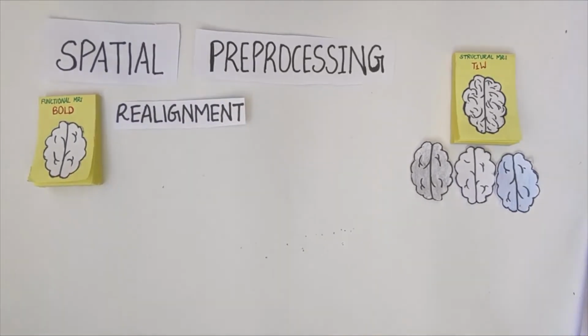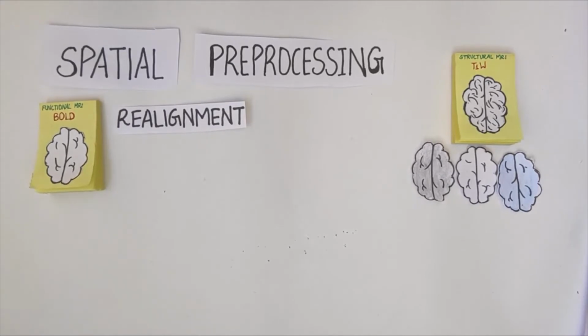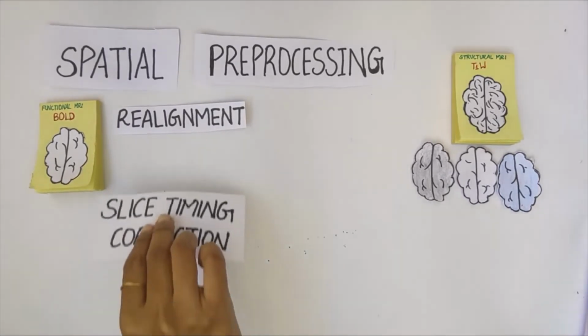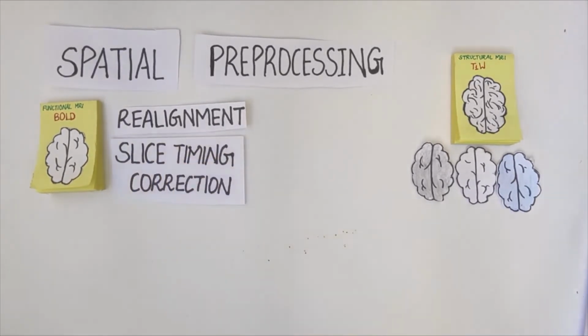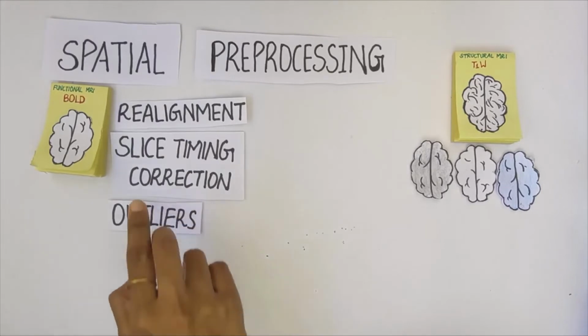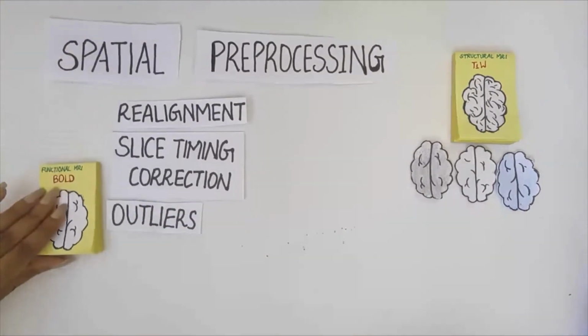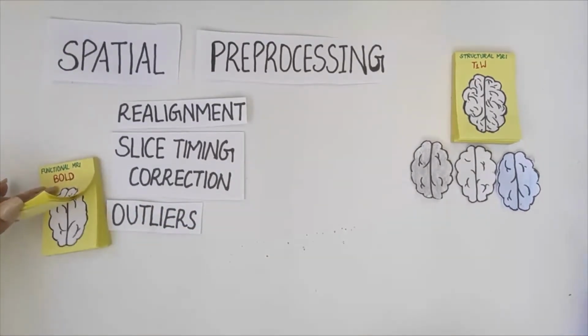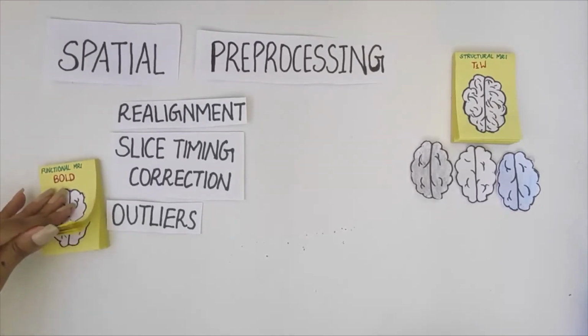The next step in the process is slice timing correction. Since fMRI images are acquired continuously and sequentially over time, functional data can be time shifted, and this step basically corrects any temporal misalignments. So the next step is outlier identification. In this step, we go through the functional scan and mark any acquisition whose frame-wise displacement is still greater than what we would like.